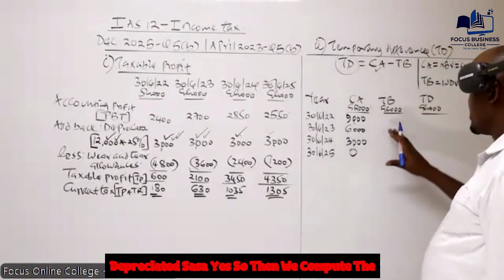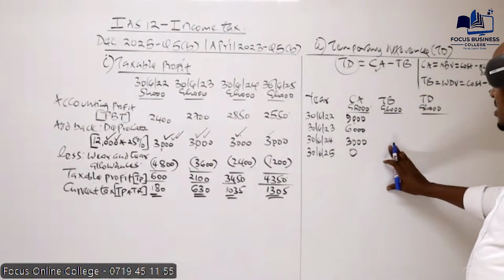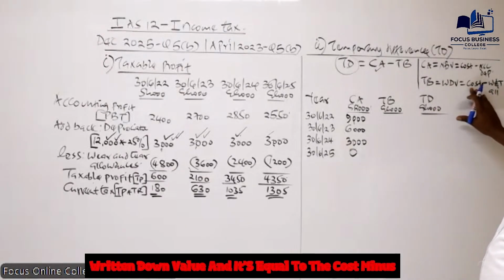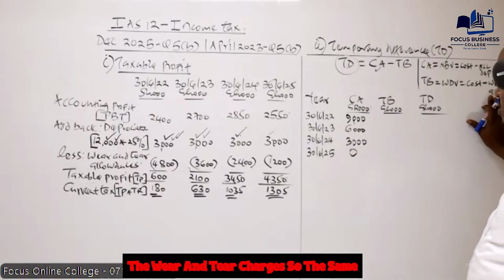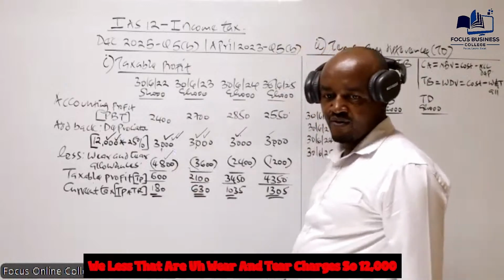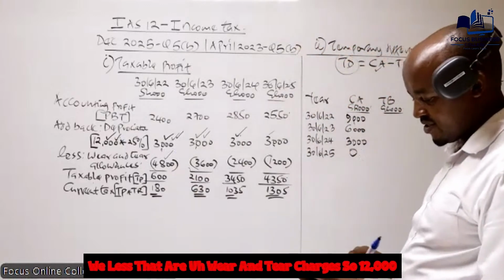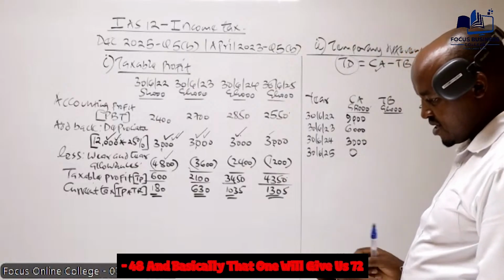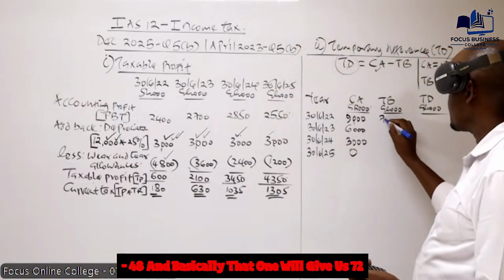Then we compute the tax base, which you're saying is the written down value, and is equal to the cost minus the wear and tear charges. So the same. We will take the cost, but here we less the wear and tear charges. So 12,000 minus 48, and basically that one will give us 72.